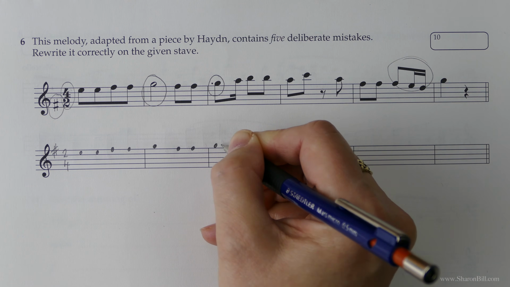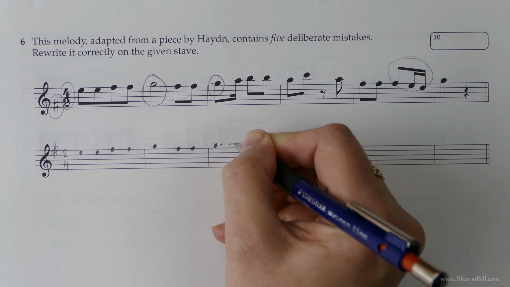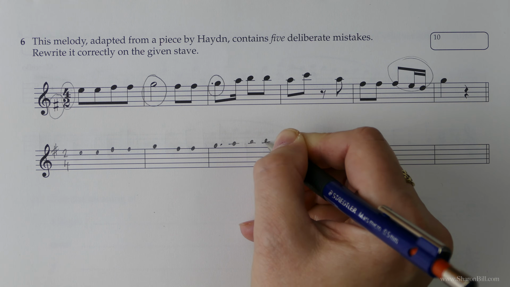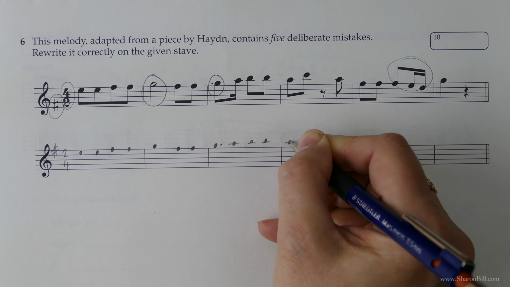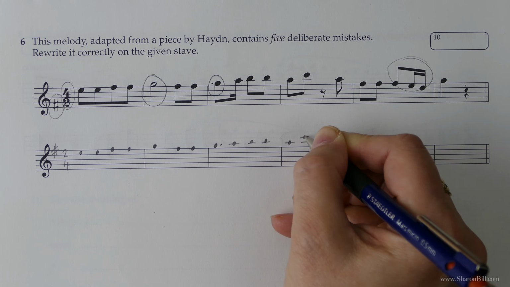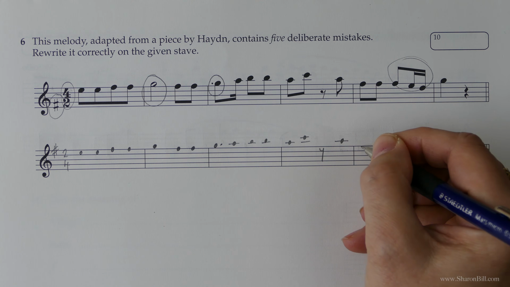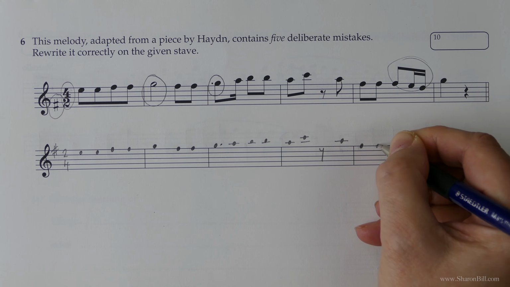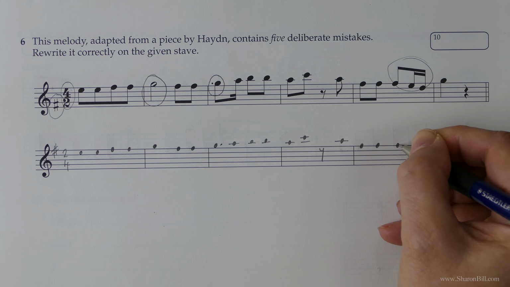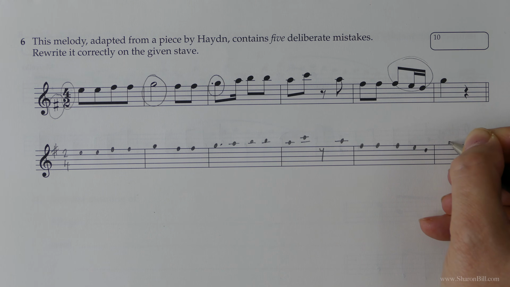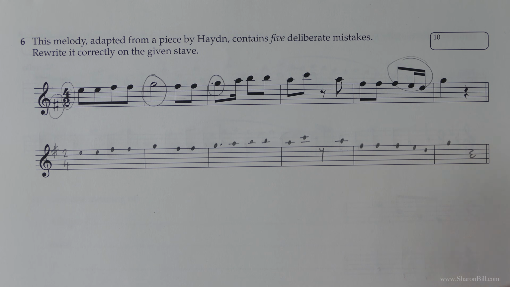So the dot comes after a note there to make it half as long again. Nothing wrong in this spot. And then we'll change those stems. And this bar is okay.